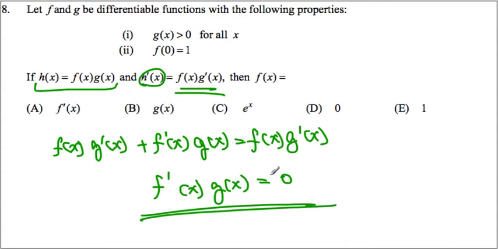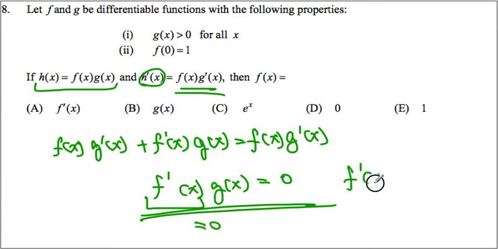Then what do you realize? Since g of x is always positive, that means this will never be equal to 0. That means the only thing that's possible is this one must be equal to 0.